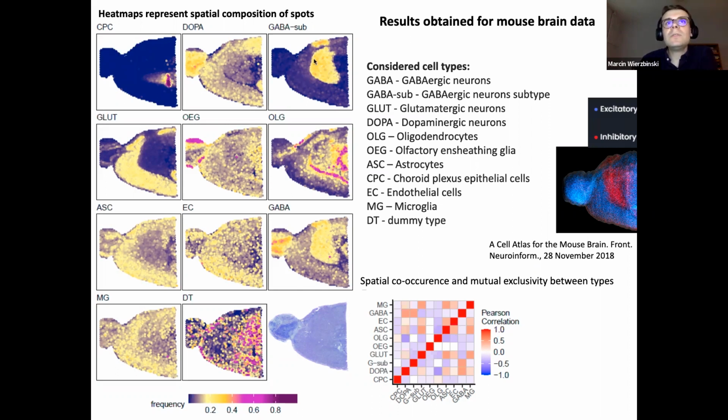And we can observe that the composition is more or less located within these places. And Pearson correlation means the information about the linear correlation between two variables. We can observe the correlation between specific types.